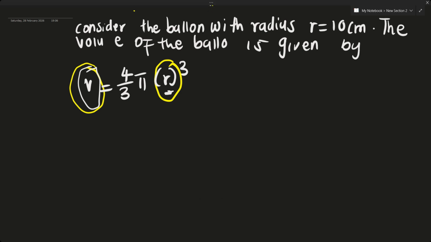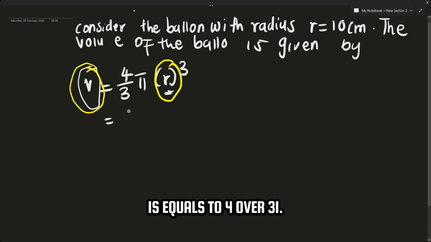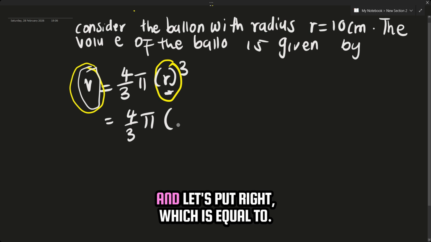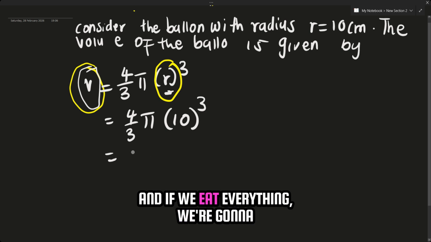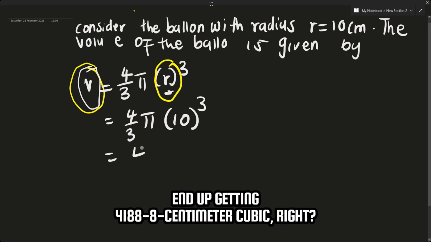And then V is equal to 4 over 3 pi, and let's put 10, right? Which is equal to, and if we calculate everything, we end up getting 41.88 cubic centimeters, right?